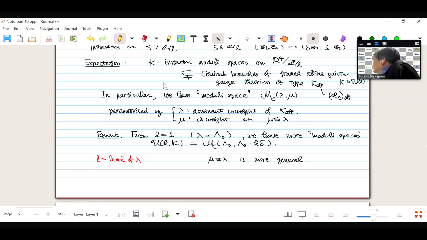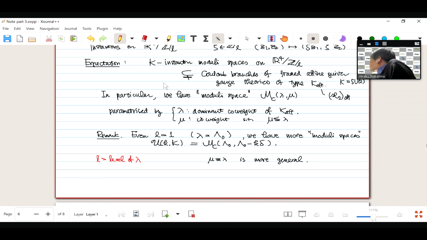For type A11, maybe we need to check more relations, but otherwise the relation is the same as the case of finite type. So the construction of the homomorphism is by generators and relations. So this works for the affine case.